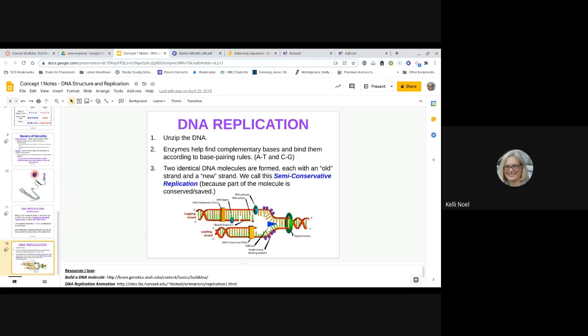So it's a little more complicated on the lagging strand. Semi-conservative, because you get an old strand and a new strand with the two new pieces. That's why it's semi-conservative.